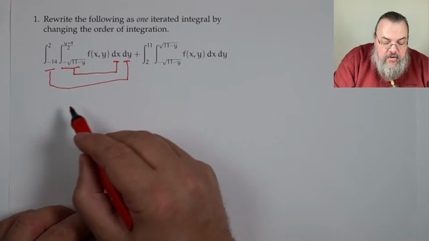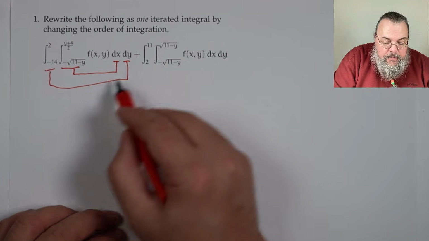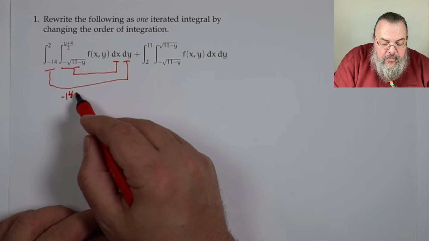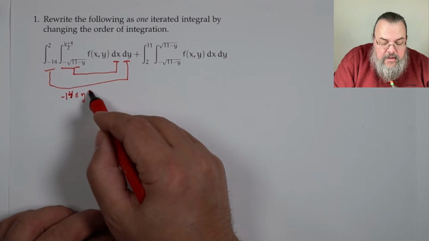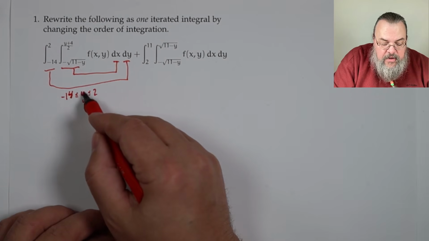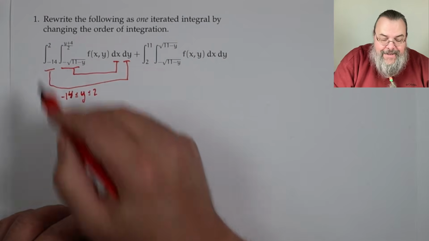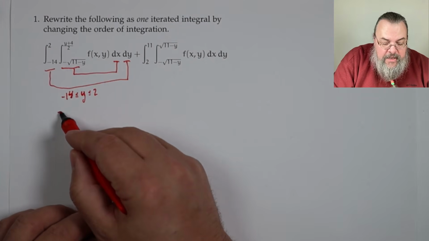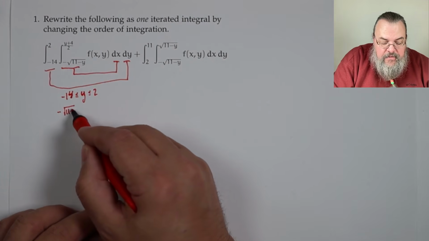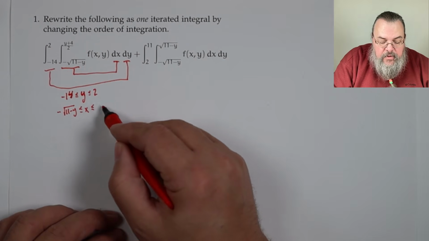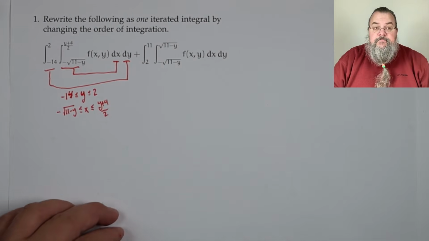So this tells us, if we read the outer part, that negative 14 is less than or equal to y, less than or equal to 2. There we go. That's the right order. Bottom to top, low to high, and minus square root 11 minus y is less than or equal to x, less than or equal to y plus 4 over 2.